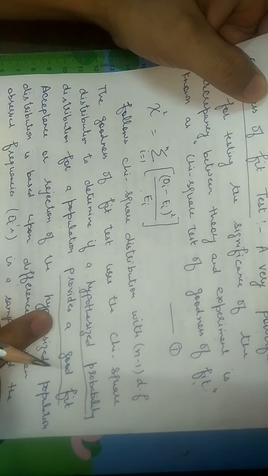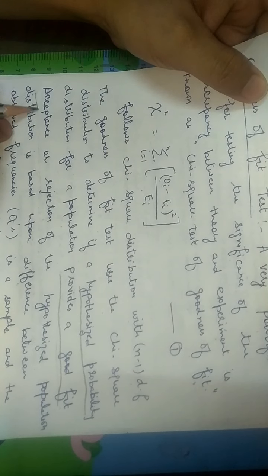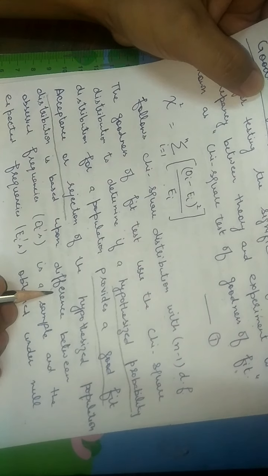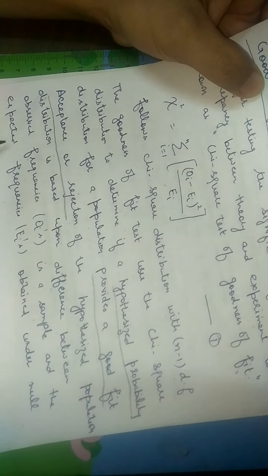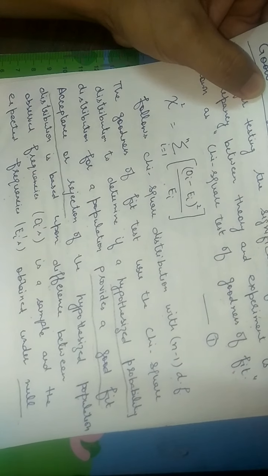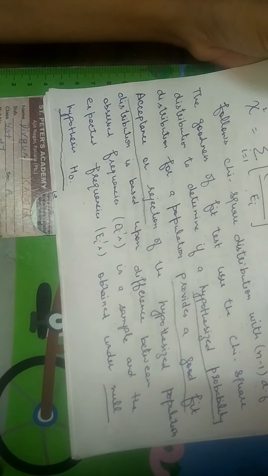Here we take one hypothesis and then find whether the hypothesis is a good fit, acceptance or rejection. The hypothesized population distribution is based upon the difference between the observed frequency in a sample and the expected frequency obtained under the null hypothesis. Here, in every question we take a null hypothesis, that is H naught.